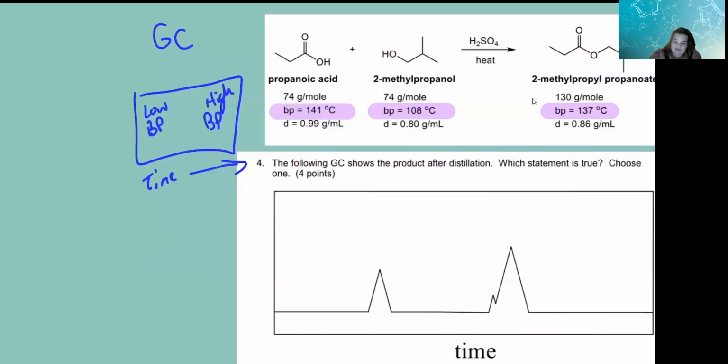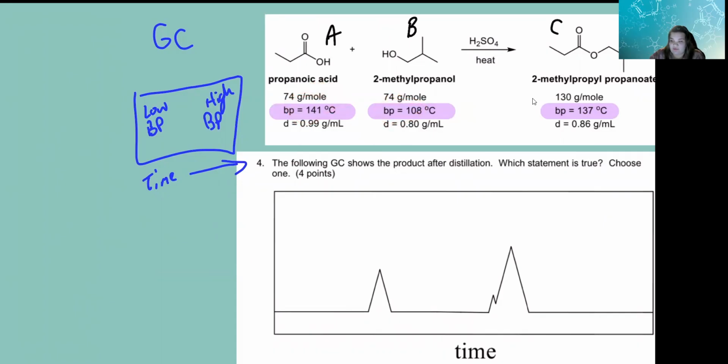So if I label these A, B, and C, let's arrange them in order of increasing boiling point.